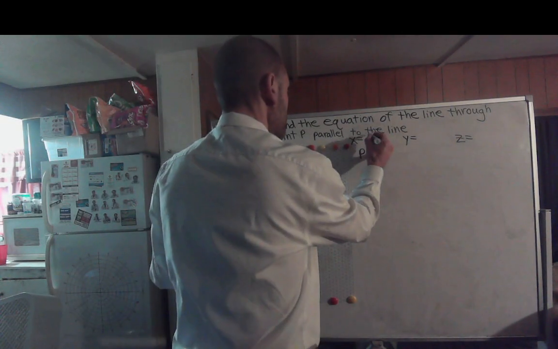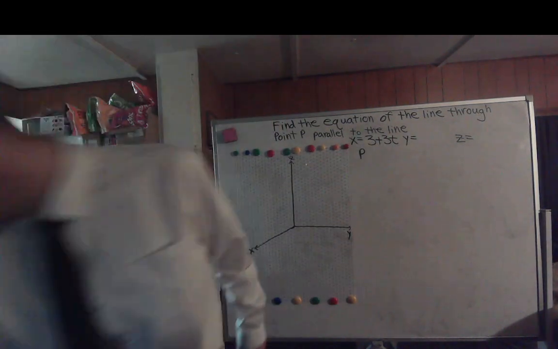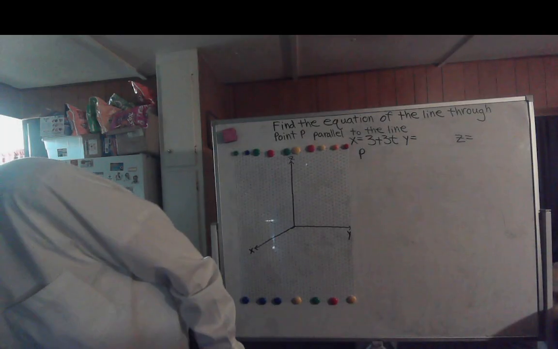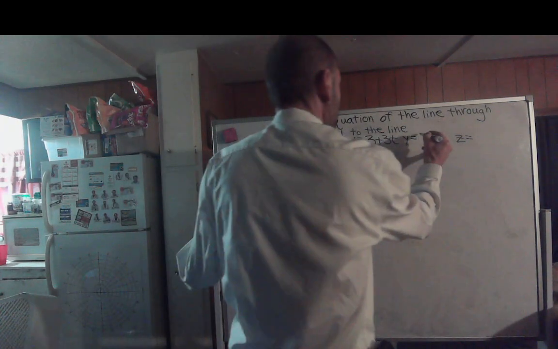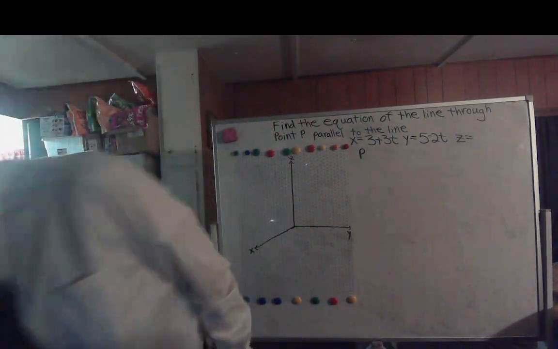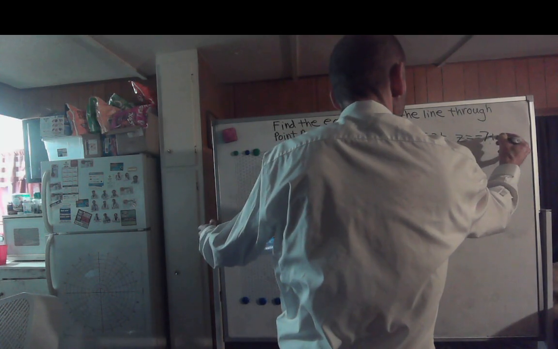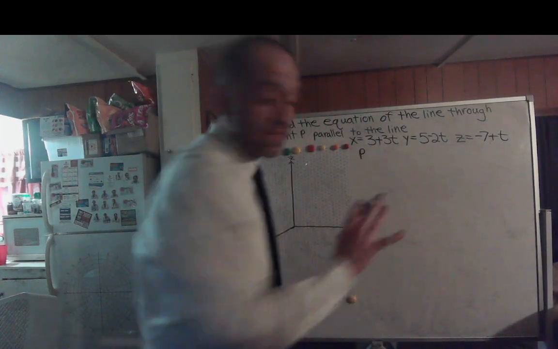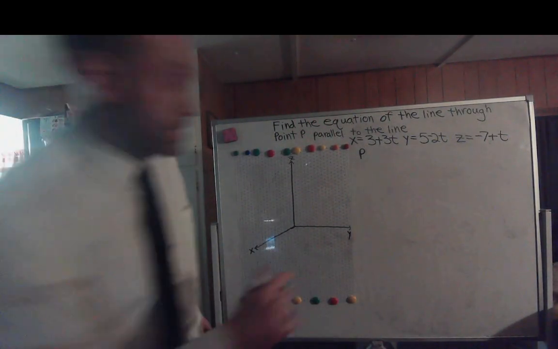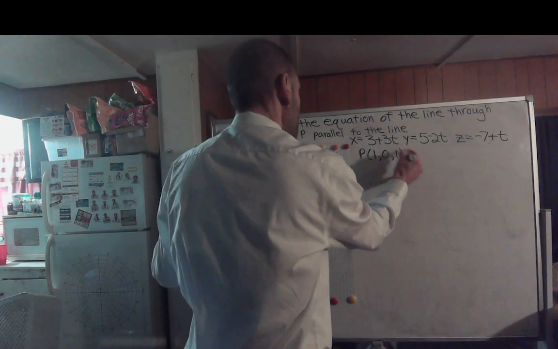This one is x equals 3 plus 3t. Y is 5 minus 2t. Z is negative 7 plus t. Point P itself is at 1, 0, 1.